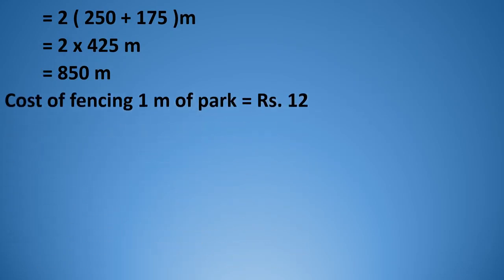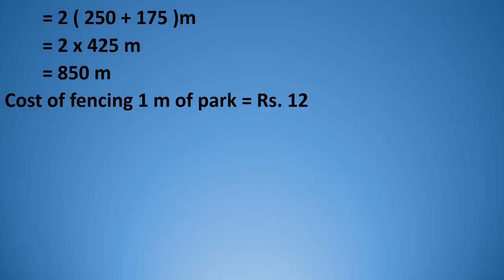Okay, now we have to find out the cost of fencing. Now again see the question. Cost of fencing, it is given at the rate of rupees 12 per meter. That means rupees 12 is the cost of 1 meter. Per meter means 1 meter. If rupees 12 is the cost of 1 meter, then you have to find out the cost of 850 meter.